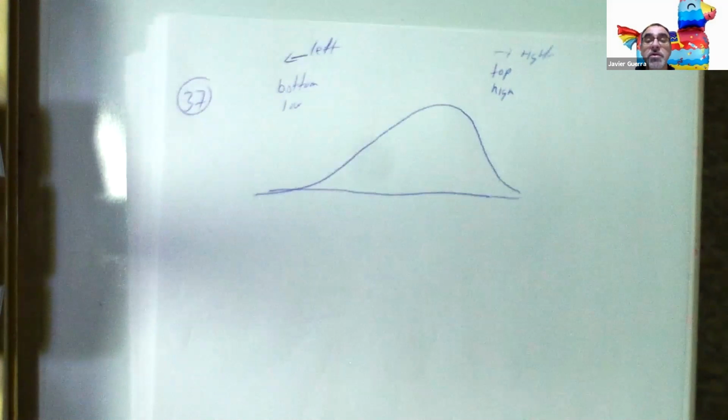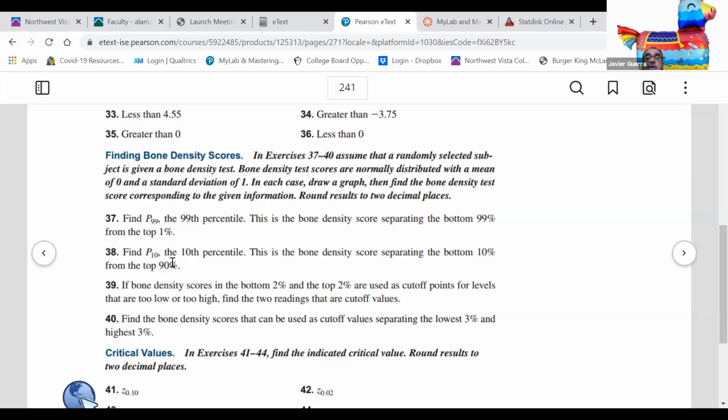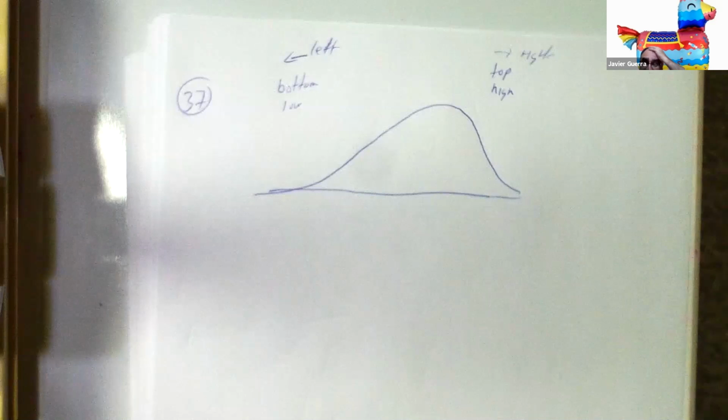Okay, so let's go to our problem and see what those numbers were telling us. It says this is the bone density score separating the bottom 99 from the top 1. Now, 99 is bottom, top is 1. Where do I put the line that divides the 99 and the 1?